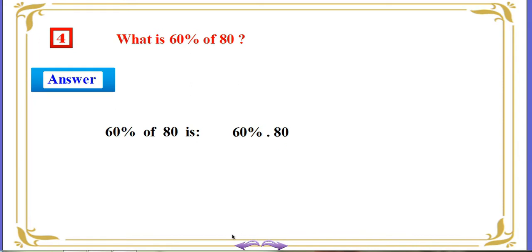And now how do we do this calculation? First, you write 60% another way: 60 over 100 multiplied with 80. Then you delete 20 on the numerator with 20 on the denominator. So now you only have 6 multiplied with 8 and the answer is 48.